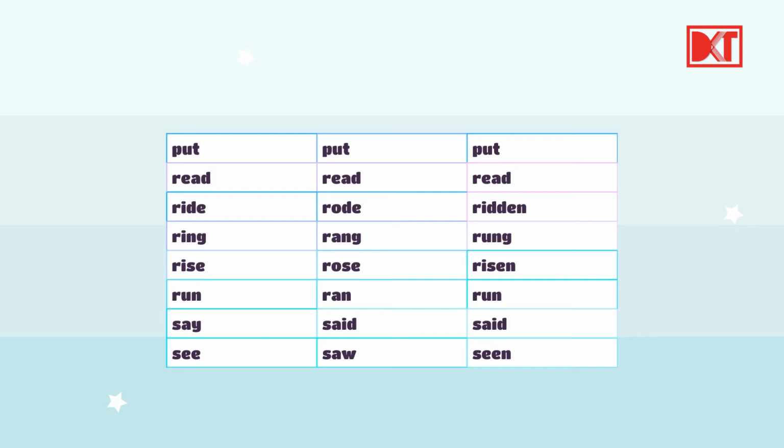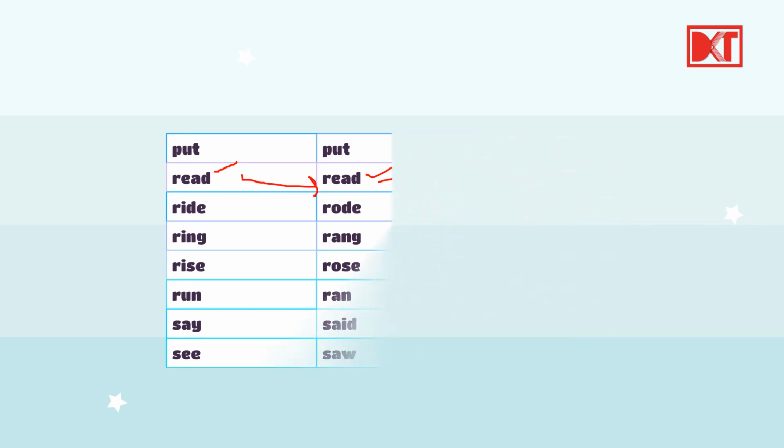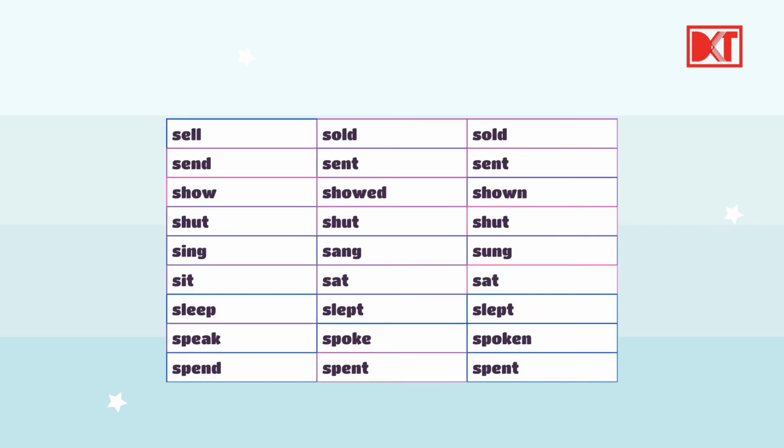Now here, although you see read, the V2 and V3 forms are spelled the same, but it is pronounced differently. V1 is read, V2 is read and V3 is also read. There is a difference in the pronunciation. Here we have sell, send, show, shut, sing, sit, sleep, speak, spend.